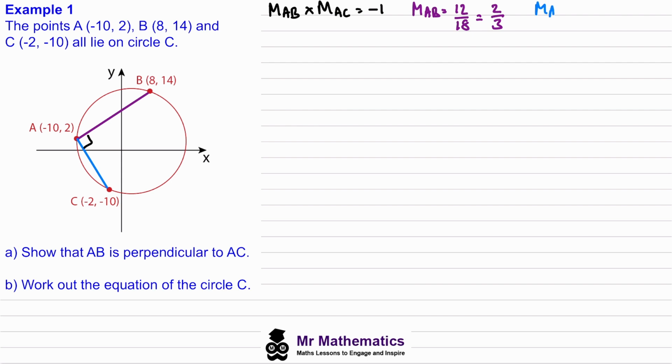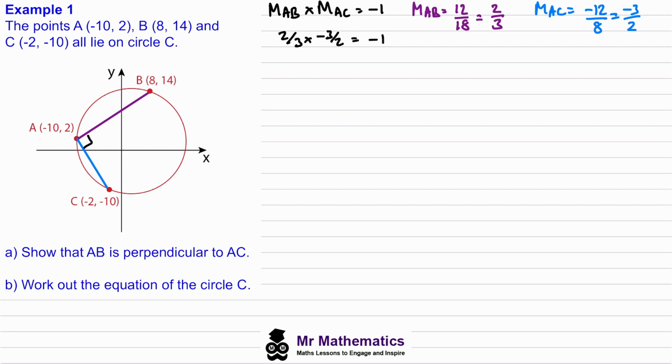The gradient of A to C will be the change in y, between 2 to -10 gives us -12, and the change in x between -10 to -2 is +8. And we can simplify this fraction, and we get -3/2. And when you multiply 2/3 by -3/2, we do get -1. So it's proven that the two chords are perpendicular.